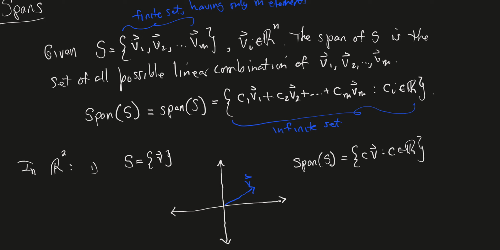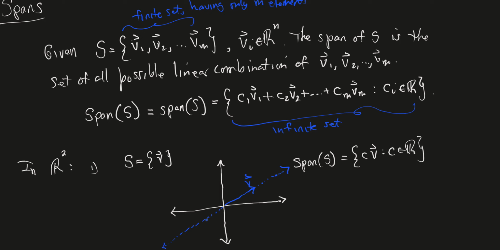So what would it mean geometrically? By now we know what happens geometrically to a vector when we multiply it by a constant. If that constant is positive and greater than 1, it's going to take this vector and extend it indefinitely in that direction. If that constant is negative, it's going to extend it in the opposite direction. So actually, the span of a single vector in R2 is just a line.